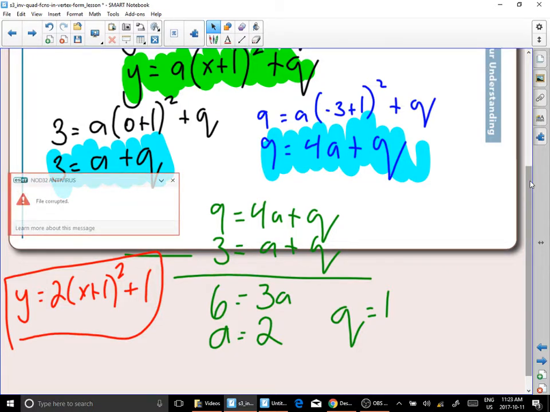And then all we did was straight up subtract those equations, because it worked out really nicely, because in both cases, q had no coefficient. So we're able to subtract them and find that a was 2. And then using the fact that they added together to give us 3, it followed really nicely that q is 1.